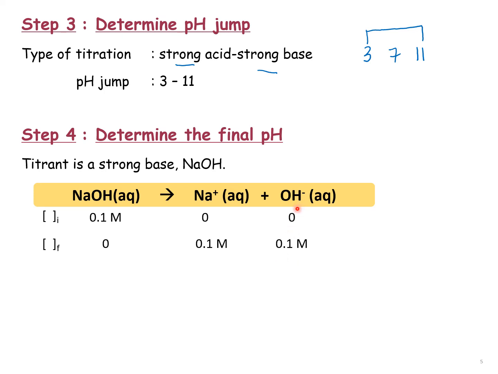Apa yang kita nak cari? We want to find pH. Okay, pH equation adalah apa? Negative log H plus. But do we have concentration of H plus kat sini? Tak ada. Kita cuma ada OH minus. So, apa yang kita akan cari? Okay, carilah berapa pOH. What's the value of pOH?